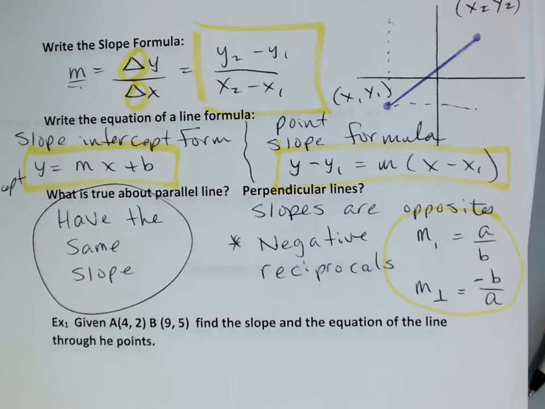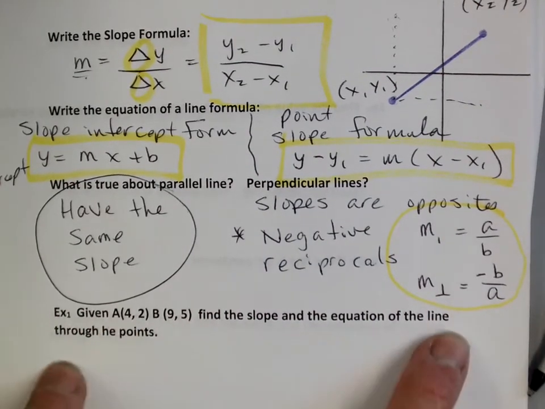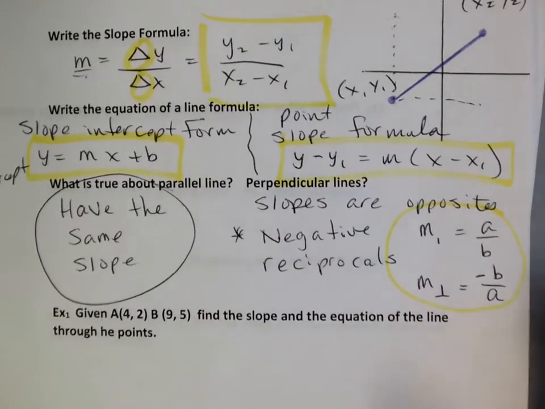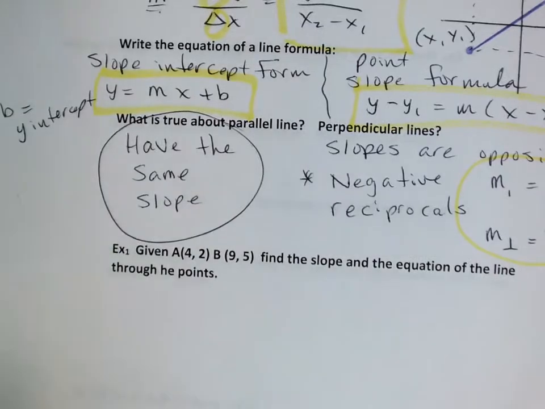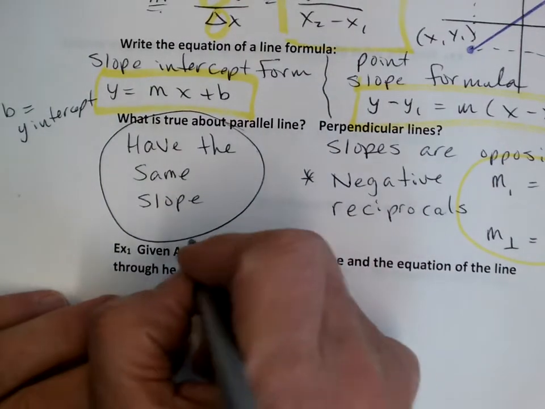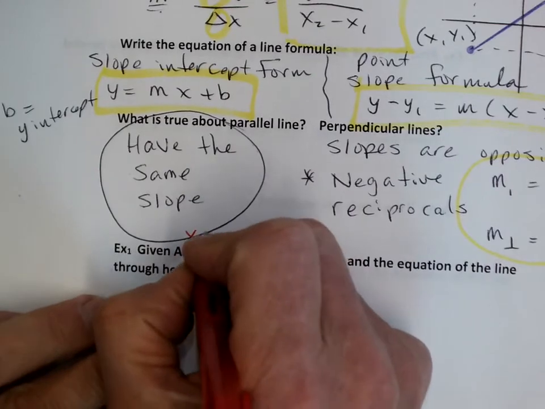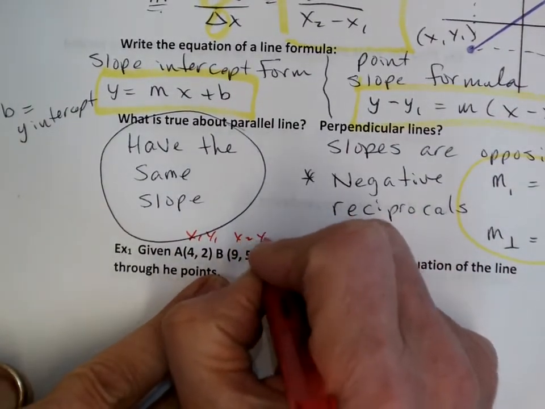So then, let's do an example, okay? Example 1: given points A and B, find the slope and the equation of the line through these points. We could graph it and get out a piece of graph paper, but let's just do it the easy way. First point, x1, y1. Second point, x2, y2.